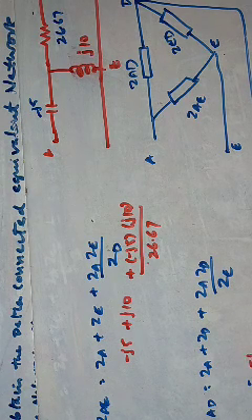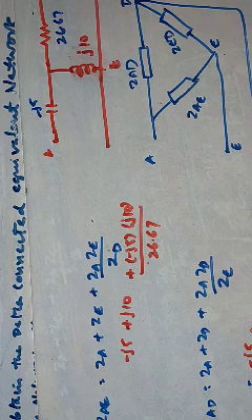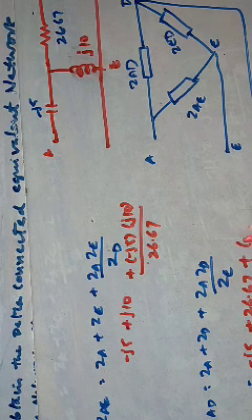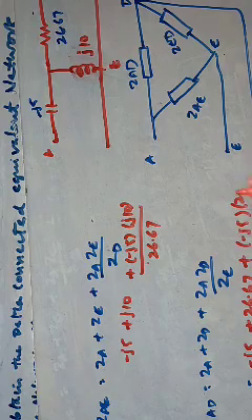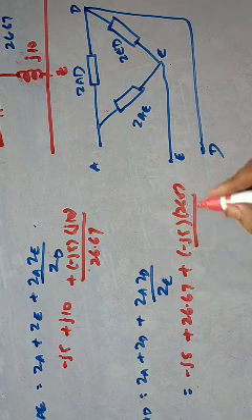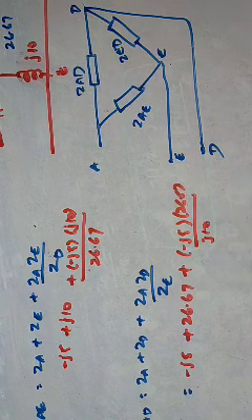ZA is minus J5, ZD is 26.67, so minus J5 plus 26.67 plus minus J5 multiplied by 26.67, divided by ZE, which is J10.